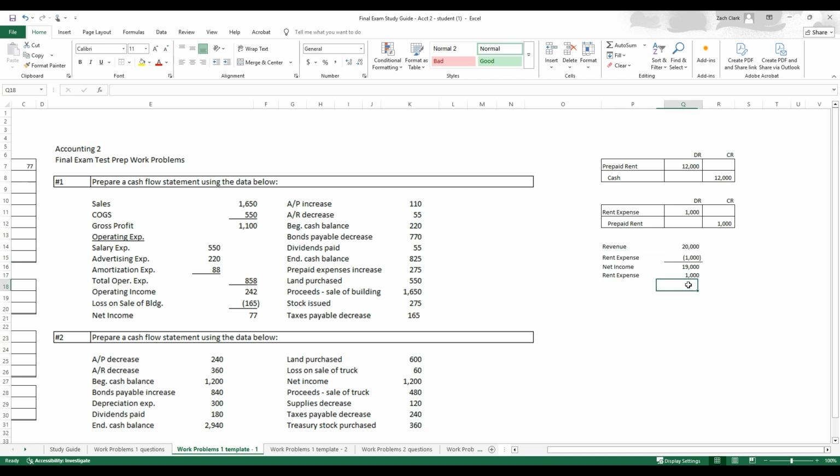But then how we adjust for this is essentially by taking the difference in, so we say if prepaid rent went up by 12,000 basically, and let me just show you real quick. So we'd say change in prepaid rent, and then you see a $12,000 change, and that's where you would back out the 12,000 because that required us to pay that much cash.